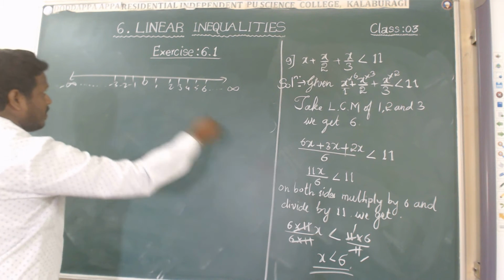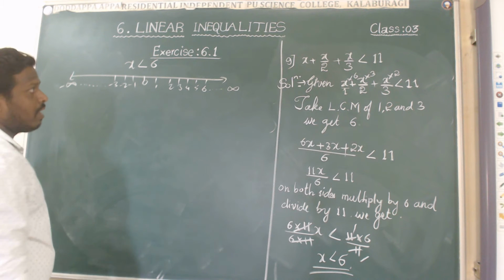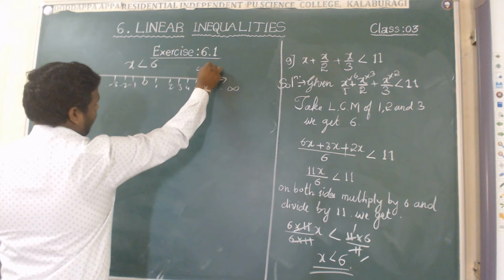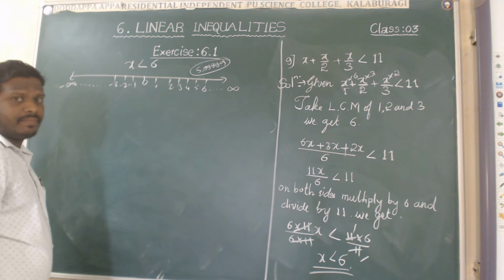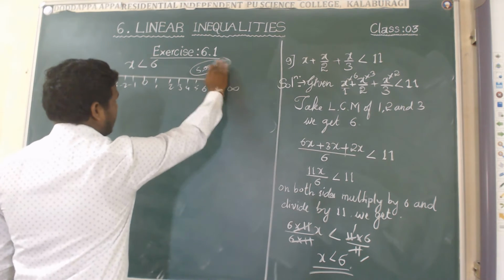When taking this one, the value of x is less than 6. The value of x will be coming from 5.9, 5.9999 will be coming. Okay? 5.99 will be coming. Yes?